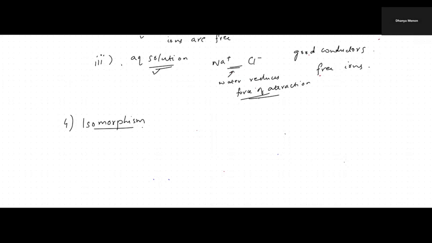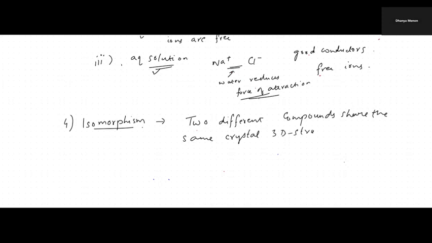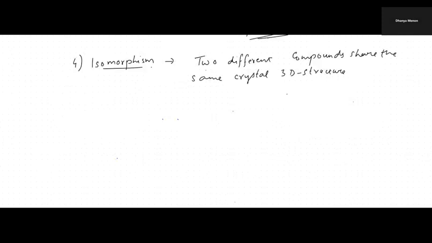Isomorphism is the property where two different compounds share the same crystal 3D structure. Don't worry about this. You have to learn the conditions. This is a property where you have to learn two conditions for any two compounds to show isomorphism.